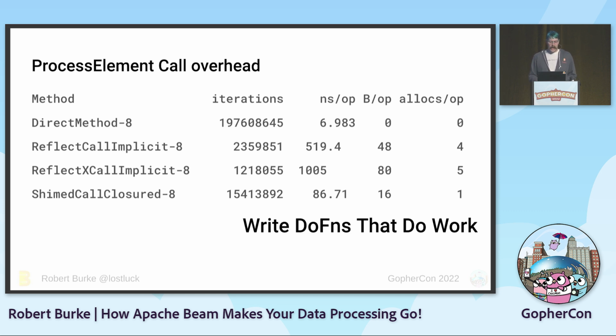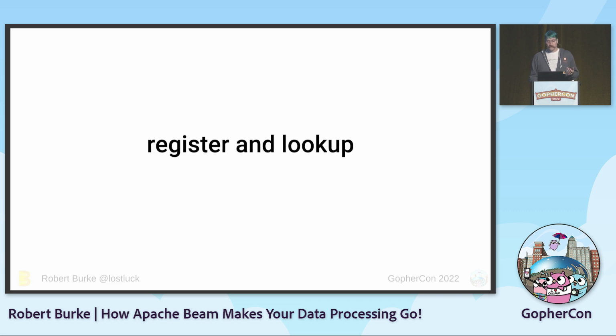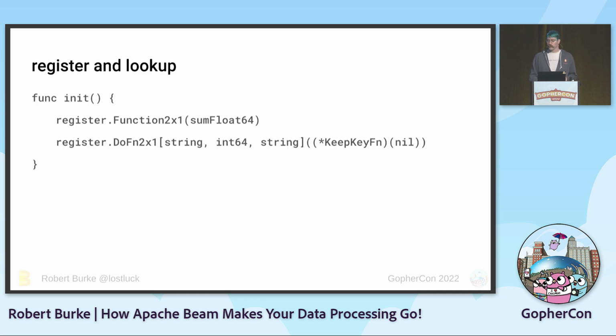So we've got this way of executing the DoFns, arbitrary DoFns. So how do we actually make use of any of this? That much is pretty easy. We register them and then look them up at runtime. The registration looks pretty straightforward like this at this point.